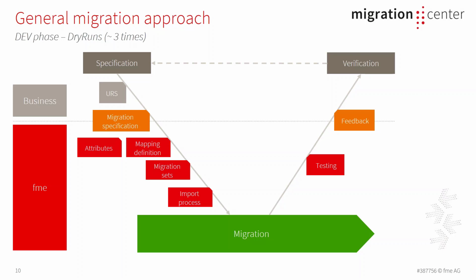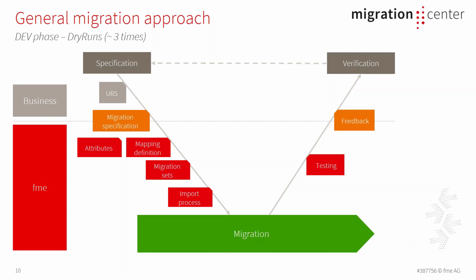Everything will be set up in the migration specification. As I showed you with the dry runs, this migration specification during the development phase is like a living document, and depending on the feedback, it's going to be optimized with you.